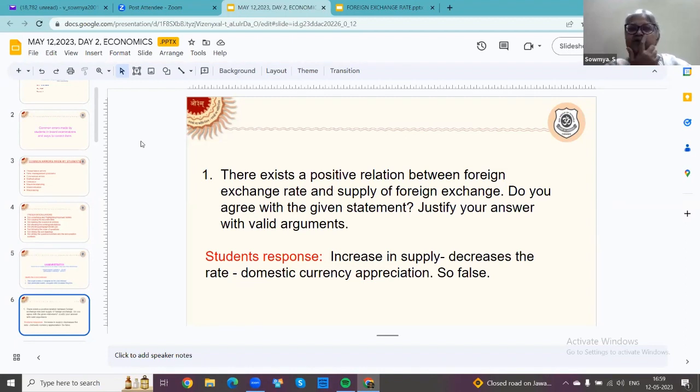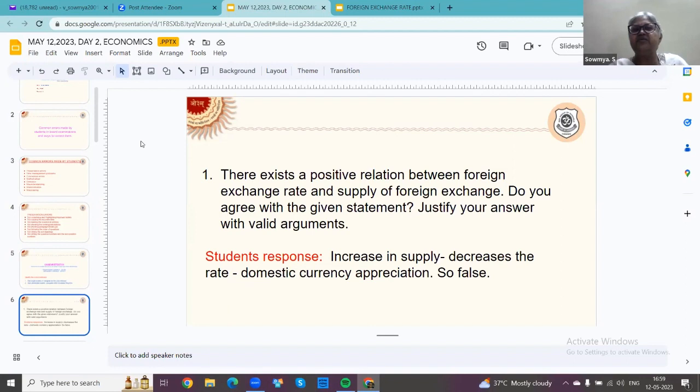This was a question asked in the recent board exam. I understood that probably the children saw the first part alone and left out the latter half. Justify your answer with valid arguments. So the valid arguments were not there. Not all the arguments were they able to bring out.